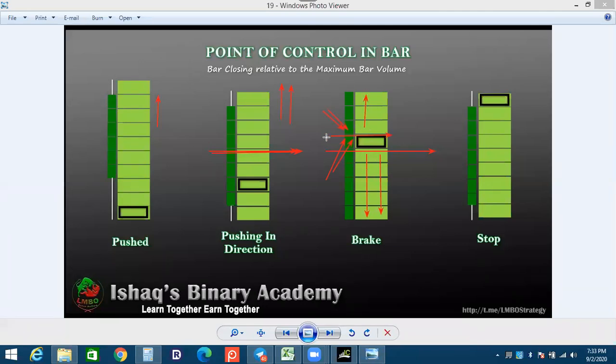So now you can understand there was a resistance line before, and now when the candle moves up, next time it is a support level. When you see this type of movement, we learn in price action that when a breakout happens, the market will retest the level.